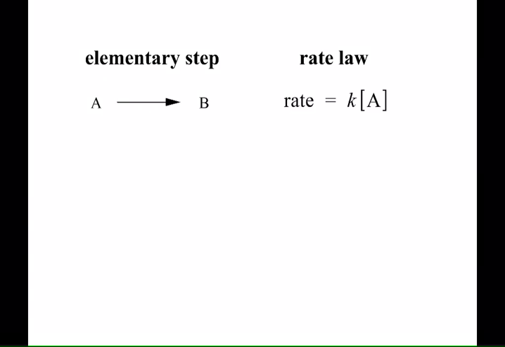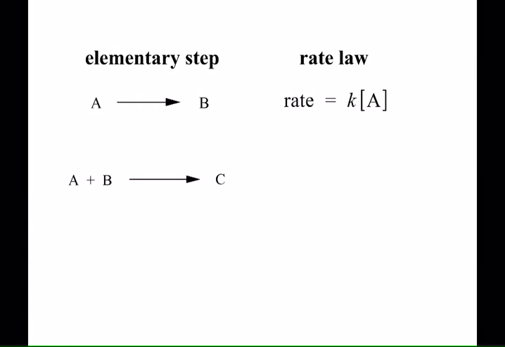Rate is equal to k times the molar concentration of the reactant raised to its reaction order. Stoichiometric coefficient associated with A is 1. That's its reaction order. Why? Because this is an elementary step. Okay? Just do another one. That was unimolecular.